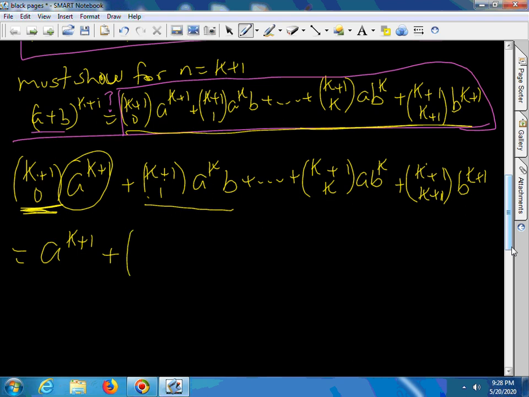I'm going to write the combinatoric part as a sum. I make the k plus 1 one less in both of them, and I keep the choose the same and one less. The reason I didn't do that with this one is 1 less than 0 is negative, and I don't want to deal with negative numbers.